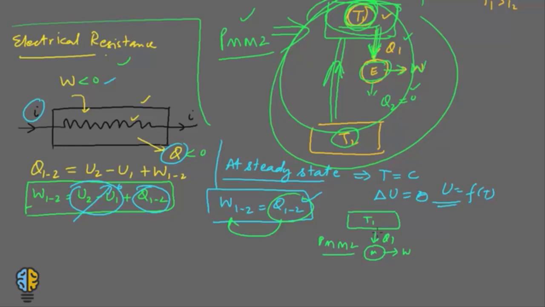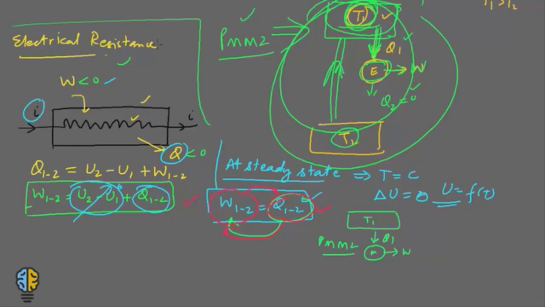Right, so this means that the conversion of electrical work into heat dissipation is possible, but the reverse, that is the conversion of heat into electrical work, is not possible. This means that the dissipation of electrical work into internal energy or heat is an irreversible process.